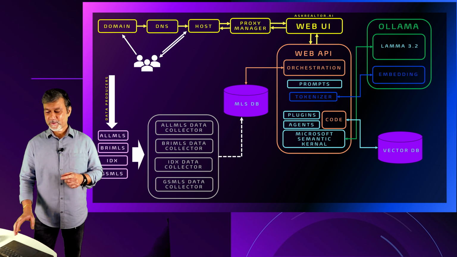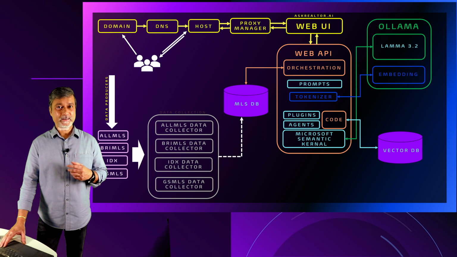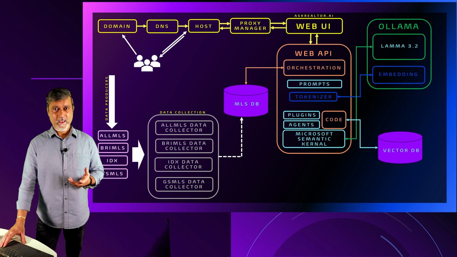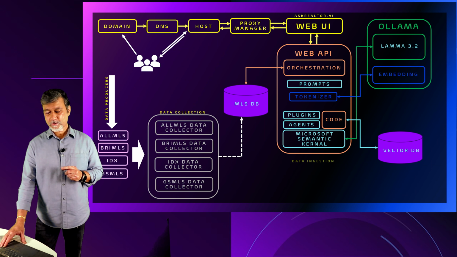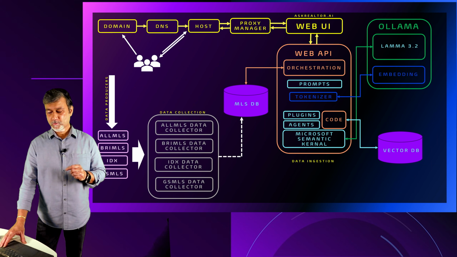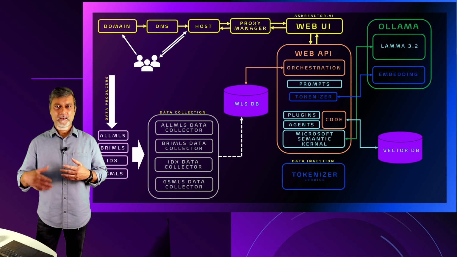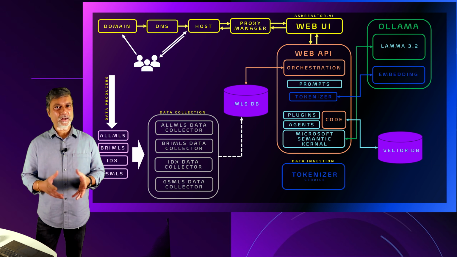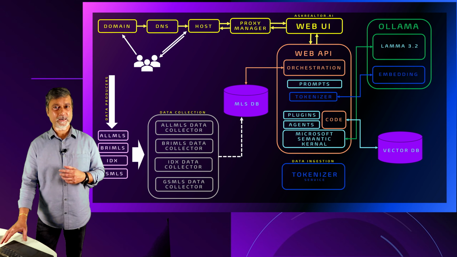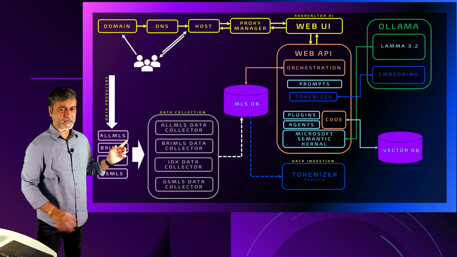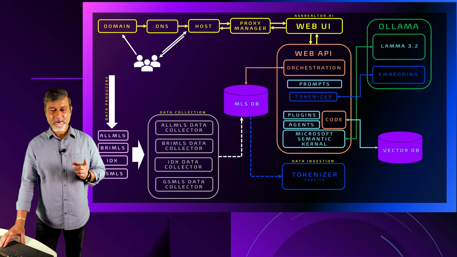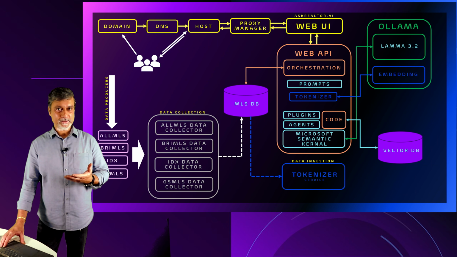This process is also called data collection. Once I have the data collected, I'm going to ingest it through the ingestion type of services, which I call the tokenizer, which is basically vectorizing all the data. It is going to connect to the MLS database, as you can see here, and tokenize it first.